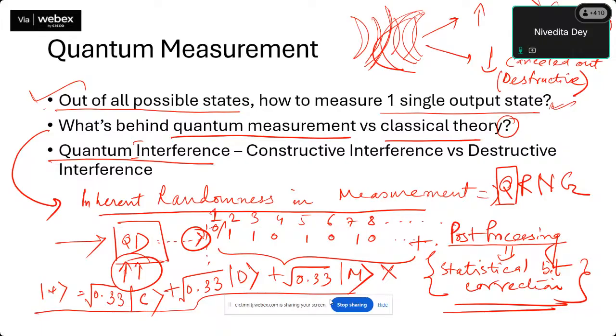Similarly, on the contrary, if I add one more, say the movie is there also, and I'm telling you that maybe I can also go and read a book. Say some probability, and ket b is the probability of reading a book. So this is having chana, going to the doctor, going for a movie, and reading a book. Whenever I'm adding up, that is a constructive interference.